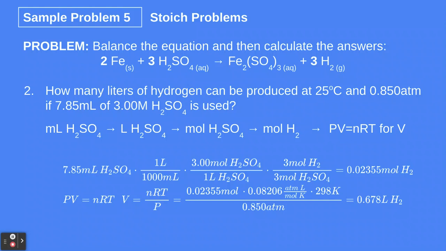So we get 0.02355 moles of hydrogen. And then for this one, you're going to use that as n. We give our R value. Our temperature is 25 degrees Celsius or 298 Kelvin. And then our pressure is 0.850 atmospheres. So we can produce 0.678 liters of hydrogen gas.